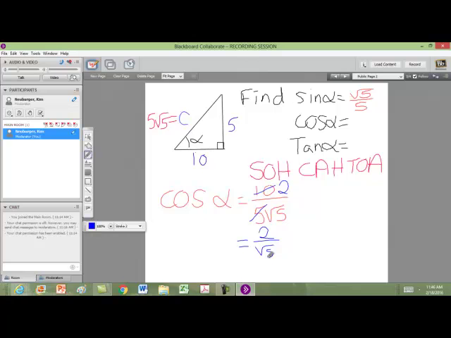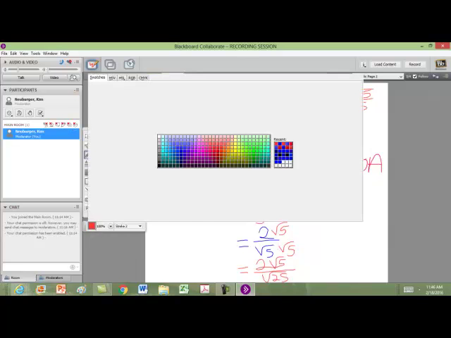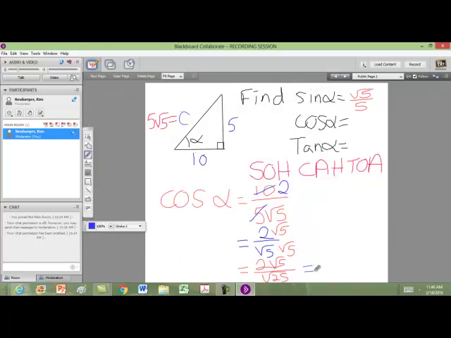But now again we have that radical in the denominator. We don't want that. So we're going to rationalize it. So let's go ahead and multiply the top and the bottom by square root of 5. That gives us 2 square root of 5 over square root of 25. But we can do the square root of 25. Square root of 25 is 5, so this becomes 2 square root of 5 over 5.